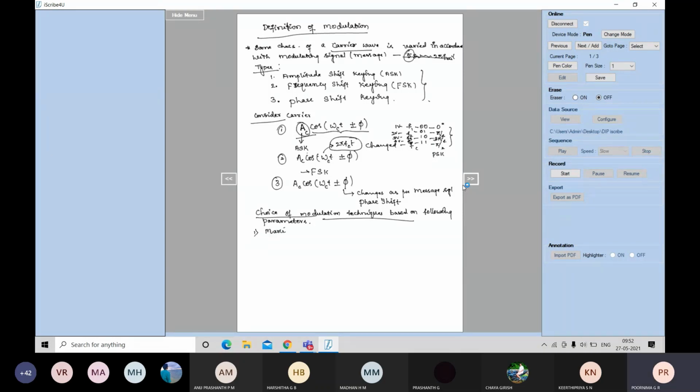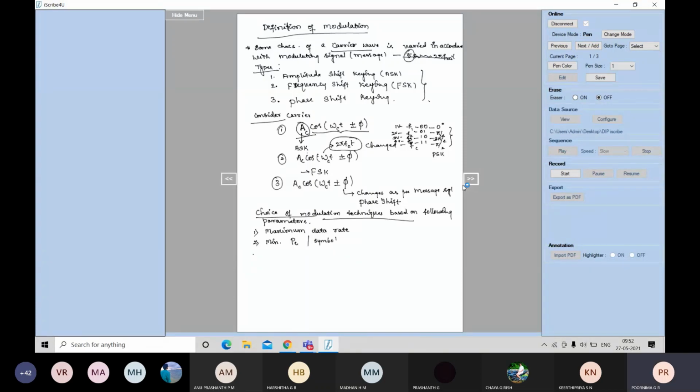Whenever we use any modulation technique, because digital communication has to support long distance with high data rates, the maximum data rate which a particular technique is able to give is one parameter you have to consider. And then minimum probability of error per symbol.